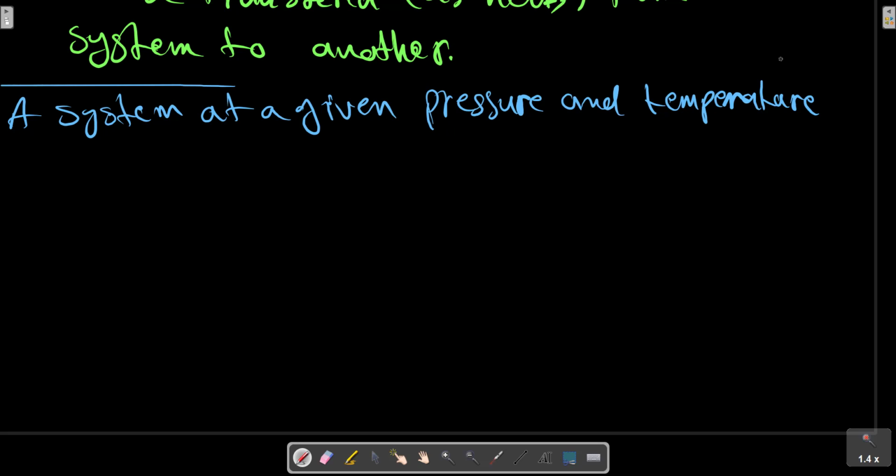Using the molecular point of view, we identify three general forms of energy.